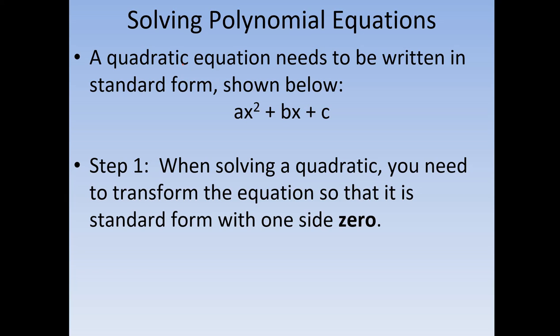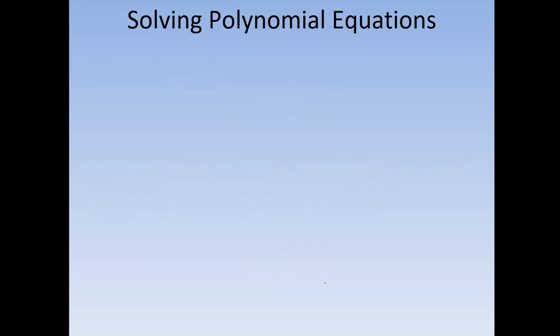Now, in order to solve this, the first thing that we want to do is get into that standard form. What we want to do is be able to get it so that everything's on one side of the equation and then the other side is 0. We're not going to be able to solve it if we don't do this. So for example, here, I have a 12 on this side. I'm going to want to subtract it over so that I get a quadratic on one side and a 0 on the other.